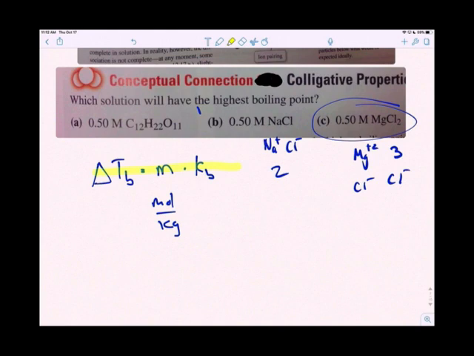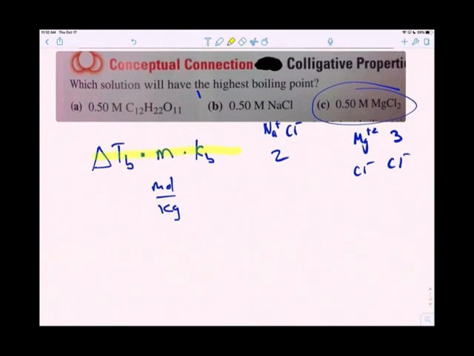The boiling point elevation, delta Tb, is equal to the molality, the moles per kilogram, times the boiling point elevation constant Kb. And from this, magnesium chloride is going to have 3 times as many moles of particles as sucrose, for instance. And it'll be a 3-to-2 ratio versus sodium chloride.